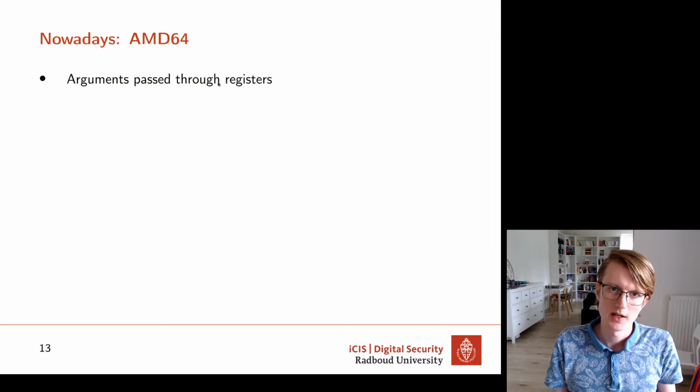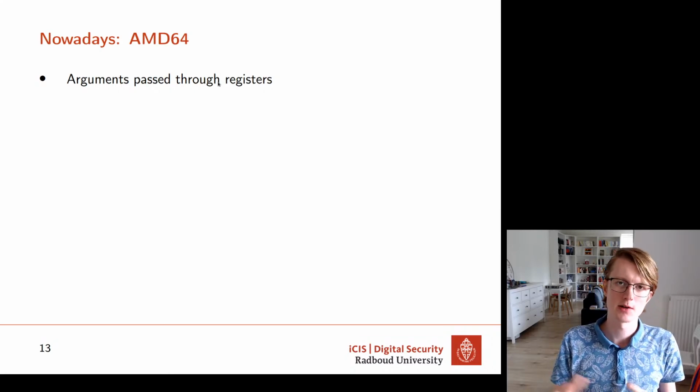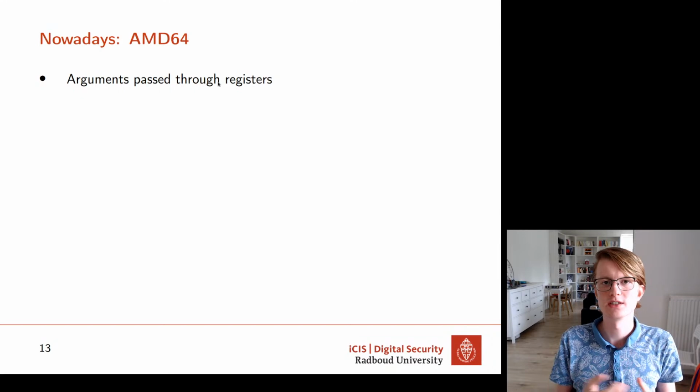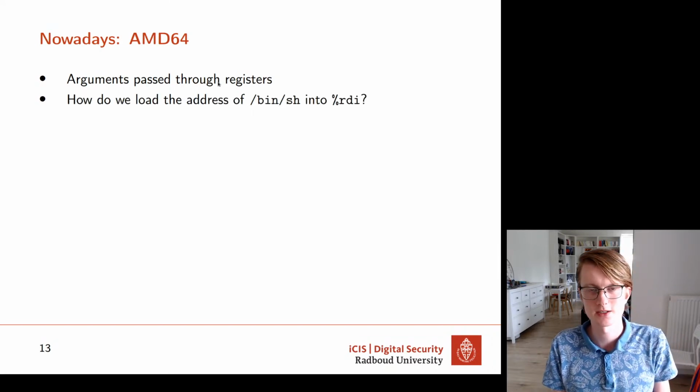Nowadays, though, using 64-bit processors, we have many more registers than we used to have. We have 16 instead of 8, which means that it was deemed nicer to start passing arguments through these registers. The first 6 arguments, remember, are passed through registers.